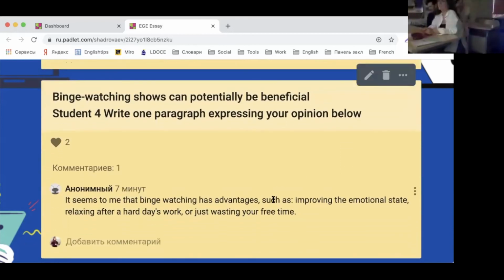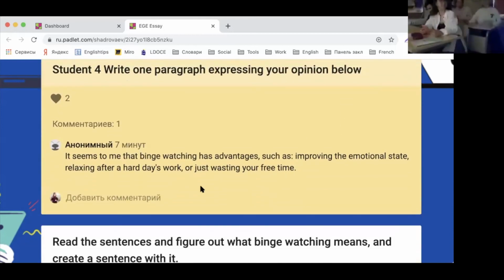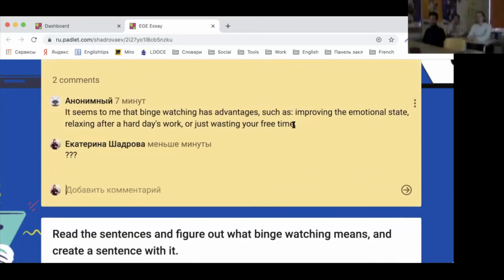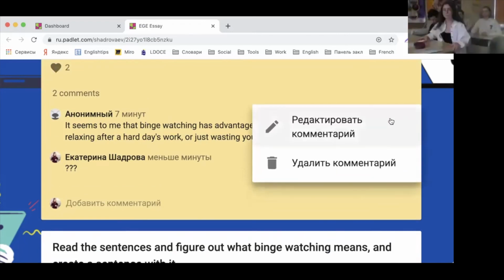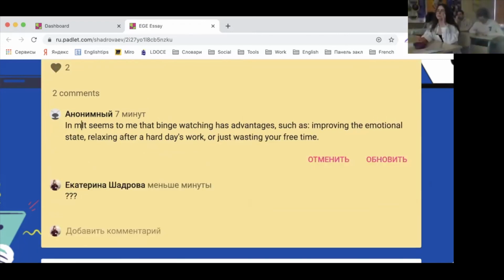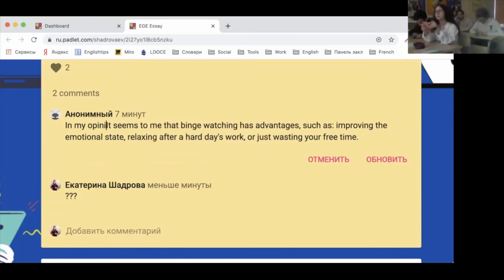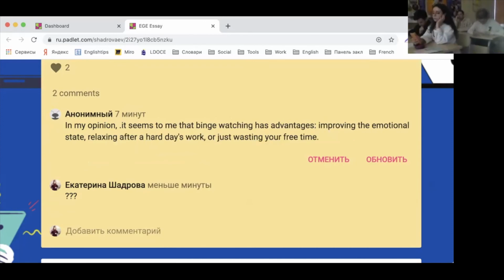Okay, and now student number 4 here. Yeah, there are no comments here. Why? It's one sentence, so we clearly need an idea here on how we can improve it. We need an opinion first, not just an argument. In my opinion, binge watching has advantages, and avoid writing such as, because we need an opinion and we need the reasons which are given separately.